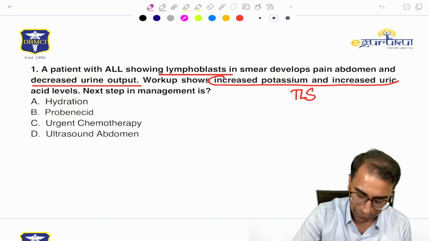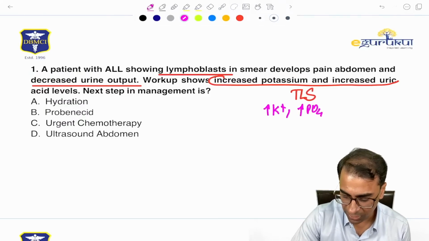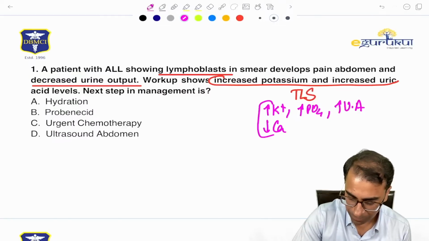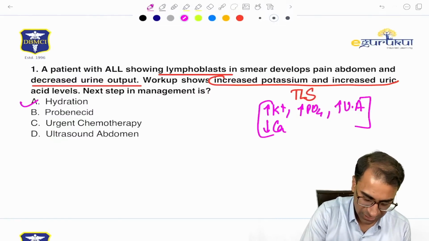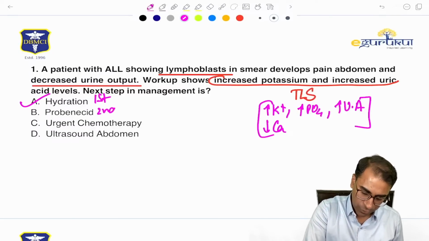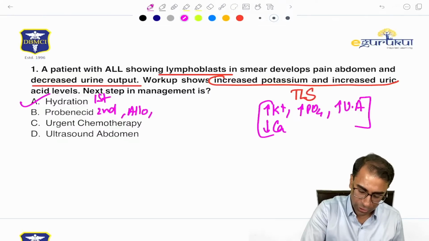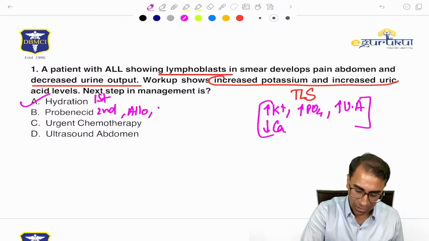In tumor lysis syndrome, they give you a history of hyperkalemia, hyperphosphatemia, hyperuricemia, but hypocalcemia. The first therapy you should give is hydration. If not in the choices, the second thing you can do is probenecid. You can also use allopurinol. You can also use a xanthine oxidase inhibitor like febuxostat.